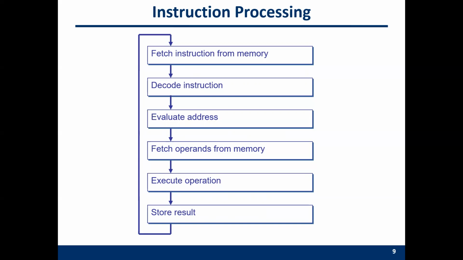The first one is instruction fetch, then instruction decoding, evaluating addresses, fetching the operands, executing the operation, and storing the result. I believe these are the instruction processing steps in the LC3.